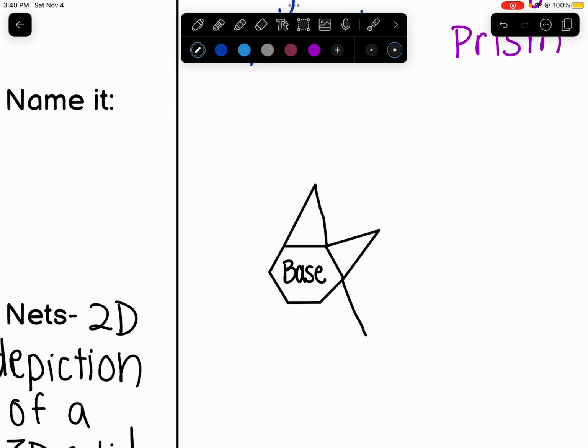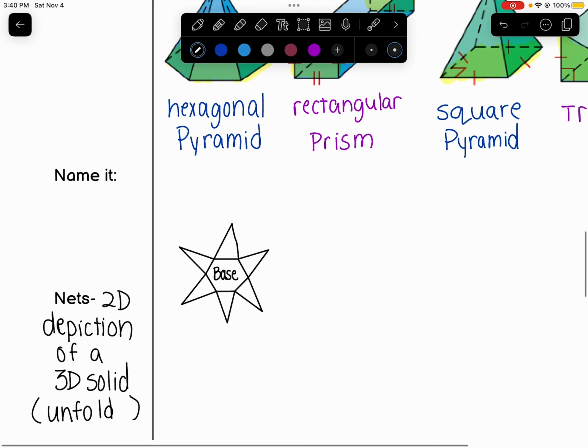And we'll end up with 6 triangles, 1 hexagon, a total of 7 faces. How many polygons? There are 7 polygons, 6 triangles, 1 hexagon. So we have 7 faces.